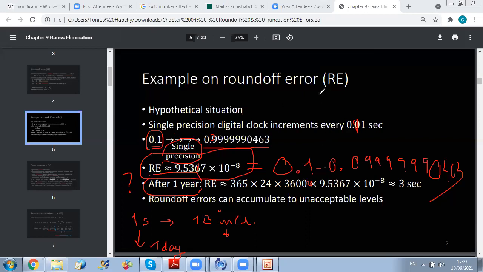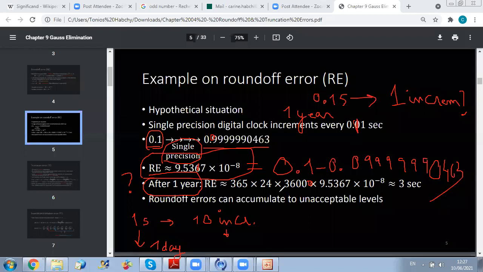Each 0.1 second you have 1 increment, correct? In order to compute the total error, you should know how many increments I have in 1 year. If in 0.1 second I have 1 increment, how do we compute the number of increments in 1 year? You say that 1 year includes how many seconds?